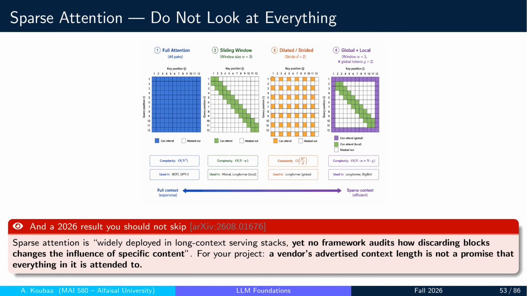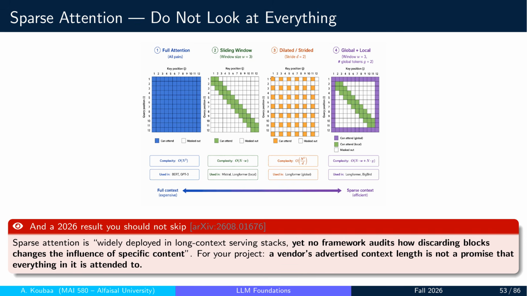Sparse attention answers no. Note the contrast with the previous slide. FlashAttention computes the same thing, faster. Sparse attention computes something different and cheaper. Those are not the same kind of result, and conflating them loses the lesson in both.